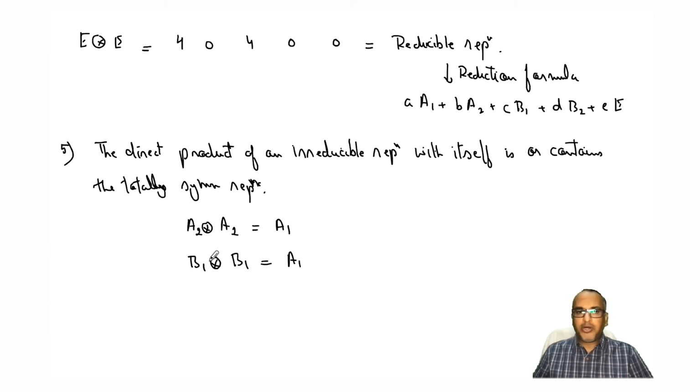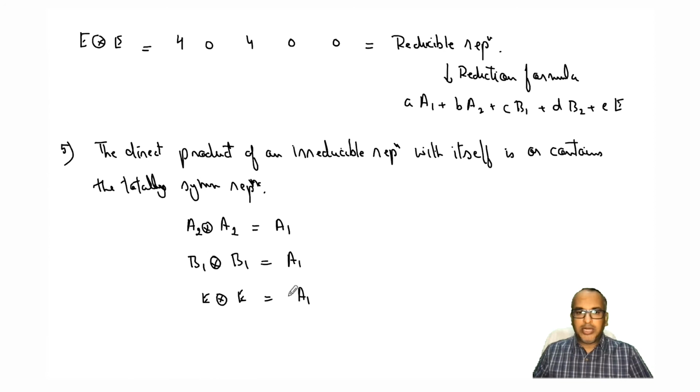So no matter what you do, you will always get A1 if you combine two same IRs, right? So similarly, if I do E into E, my coefficient A here will definitely be non-zero.